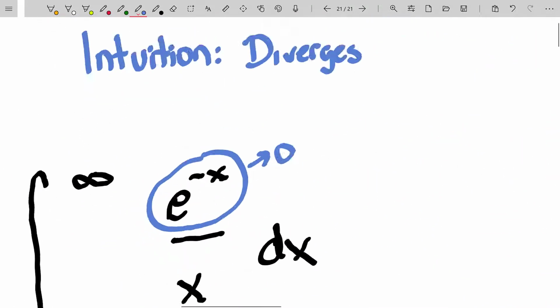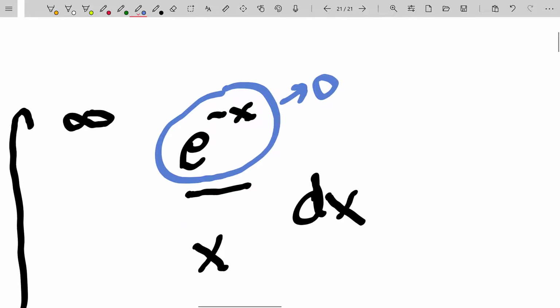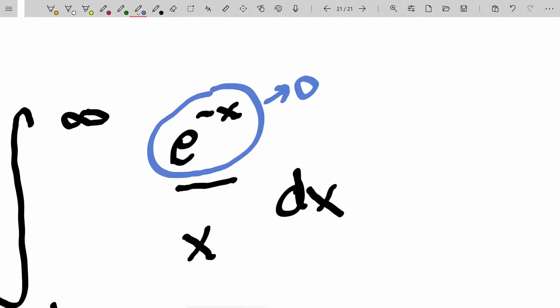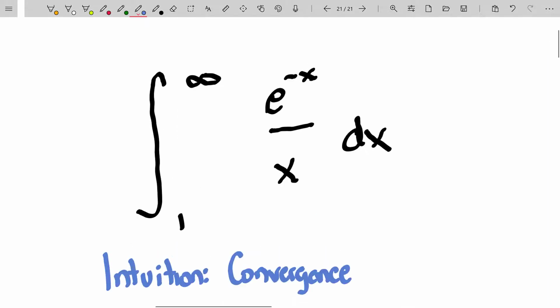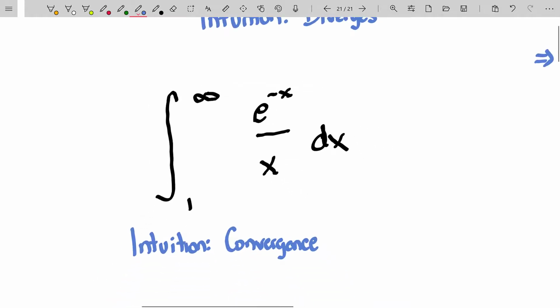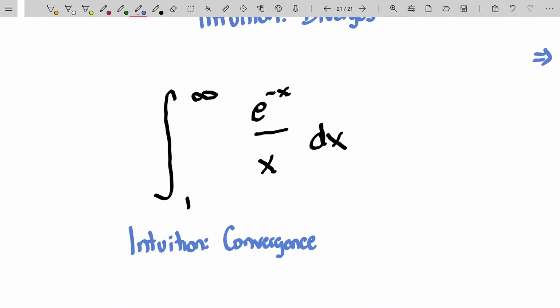But 1 over e to the x, that definitely goes to 0 fast enough, in my opinion, for it to allow convergence. So my intuition here is that this is going to converge. And remember, if you want to show that this integral specifically converges, you need an upper bound, a function above it that you know converges.